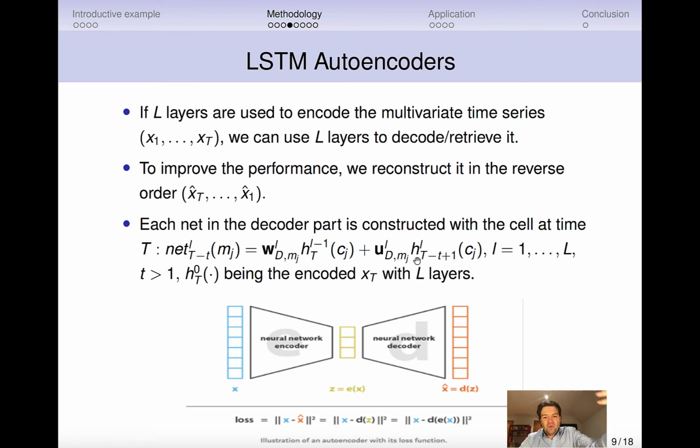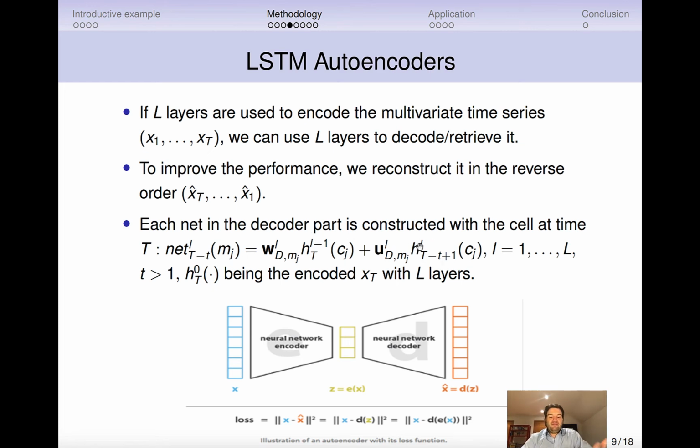But since we reconstruct the series in the reverse order, the previous time is in fact t minus 1. If we want something at t minus 2, we need the decoded data at t minus 1, which is the previous one in the way we reconstruct the data.